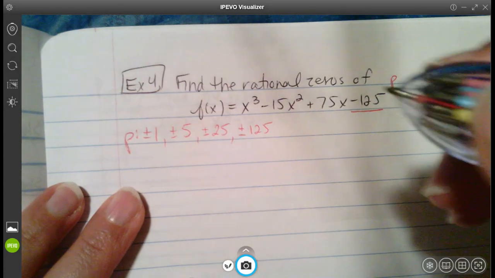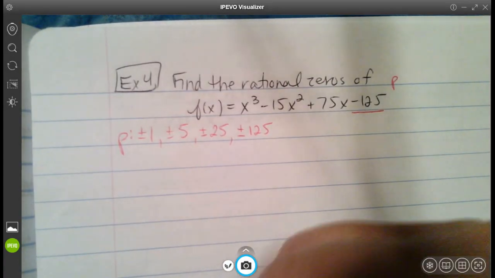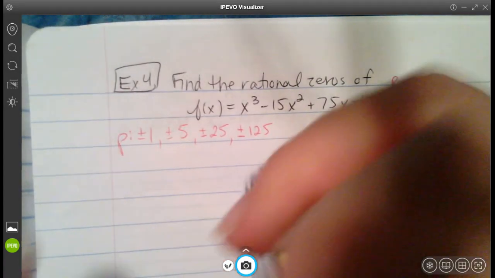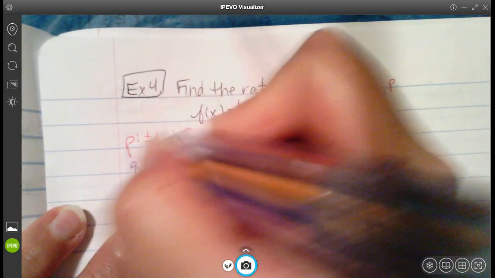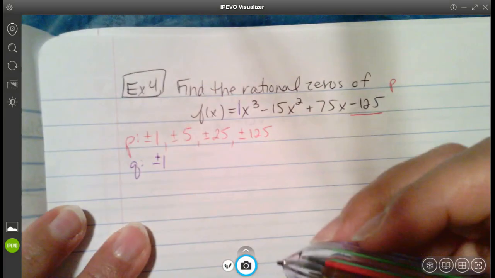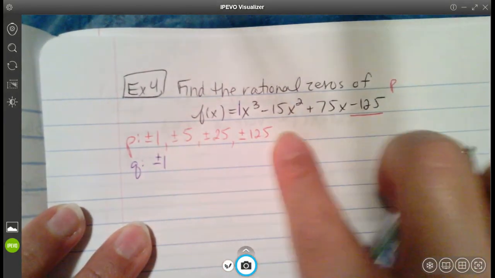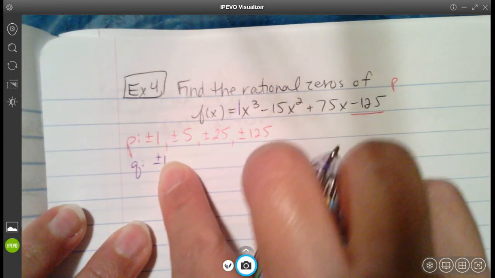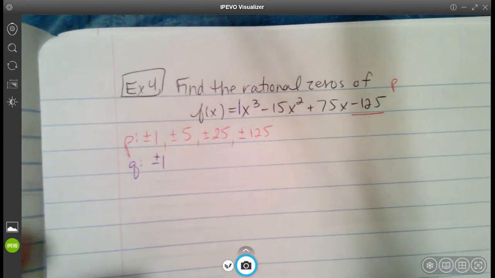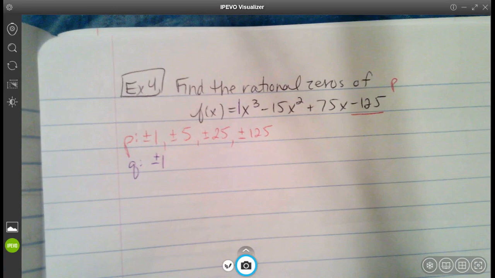Pretty sure. And then we do the same thing with q. In this case, you can see that our q is just the 1 again. Sorry, I kind of swapped the colors here a bit. That's okay though. So this means that all my combinations are going to be pretty much just like the one before, because anything divided by 1 is itself, right? And if I throw a negative in there, it's just going to be plus or minus.